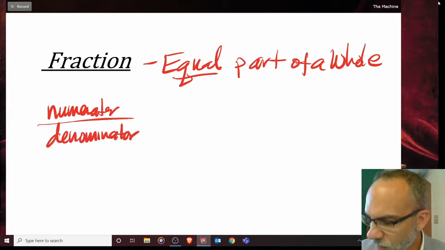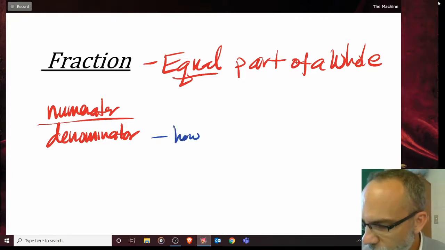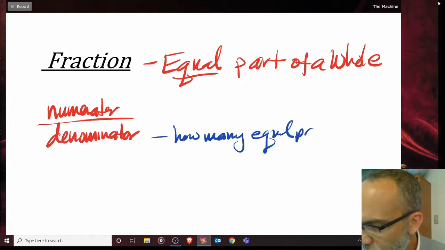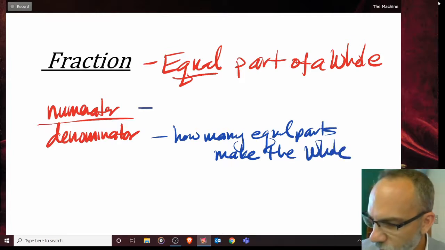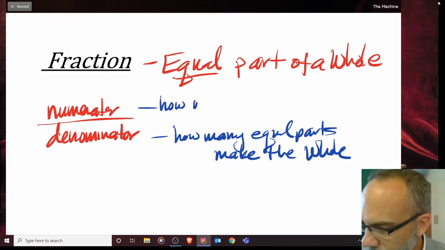The denominator is the most important part. It tells you how many equal parts make the whole. And then the numerator is just how many parts you got.